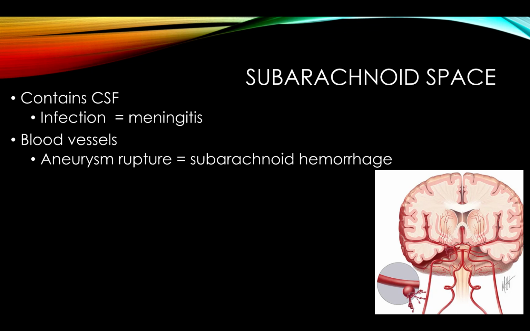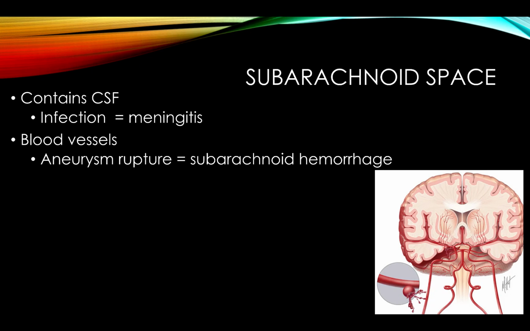So in the subarachnoid space, normally this just contains cerebrospinal fluid. Okay, so there are a couple of things that can go wrong in this space. One is if we have an aneurysm that ruptures. An aneurysm, we'll discuss in more detail later, is a weakening of the blood vessel wall where part of the blood vessel just starts to protrude and slowly enlarge, somewhat like a balloon.